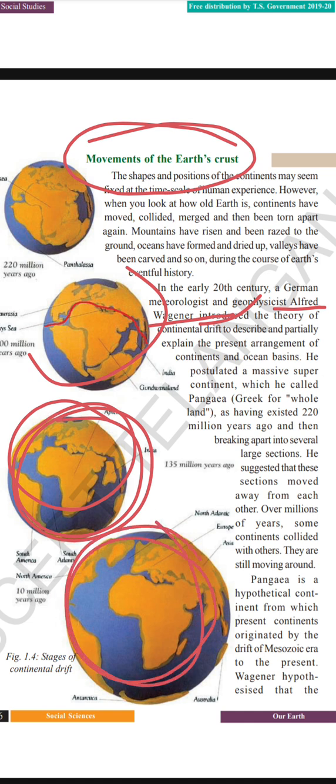He explored the theory behind the movement of the earth crust. So he was Alfred Wegener, and you need to remember this one. It is very important in terms of geography. And one more thing I forgot to tell you: Pangaea, as I already told you, means a large land, or whole land, in the sense of the large land.